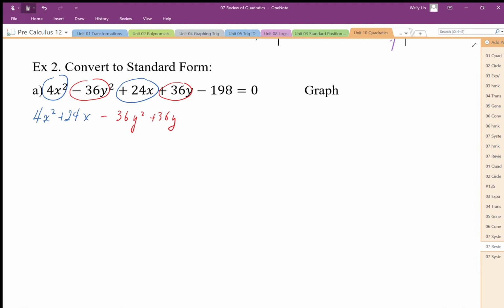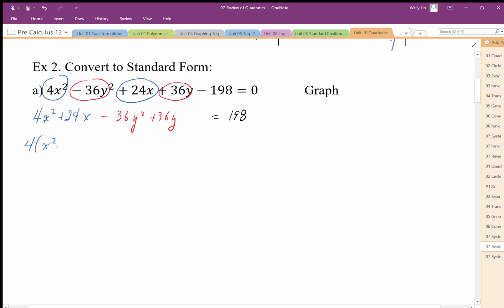And I'll just include the minus 198 out here. In fact, I'm just going to move it to the other side, equals 198. Once I've grouped the terms, I want to factor the coefficient and complete the square.